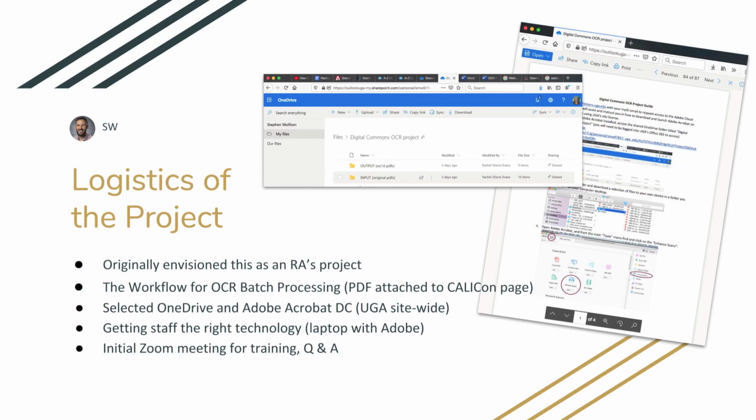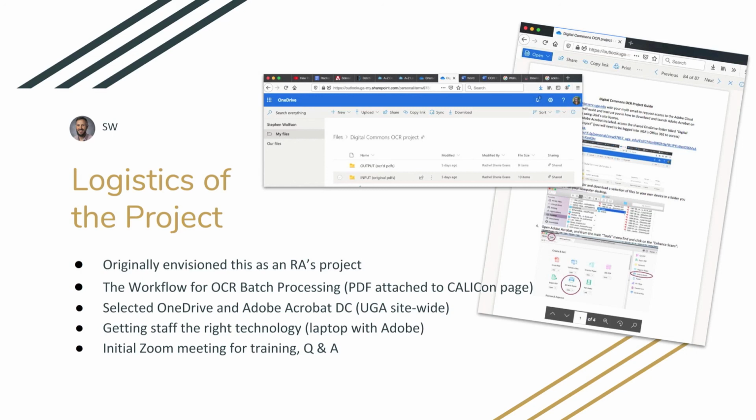Then the third thing that we really needed to do, after developing the workflow and figuring out where we're going to save both the original files and the second files, was to figure out what technology people needed, because it was not necessarily true that everybody would have the computing ability to use this. So we got the staff members working on this laptops to work at home with Adobe installed on them.